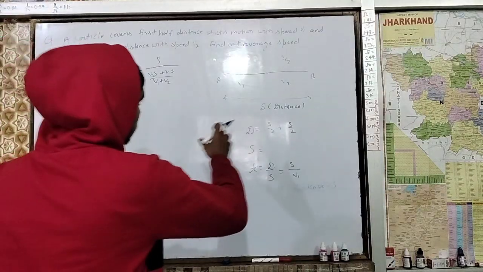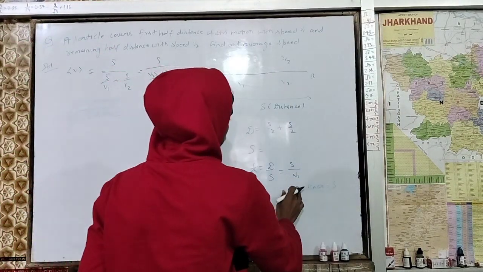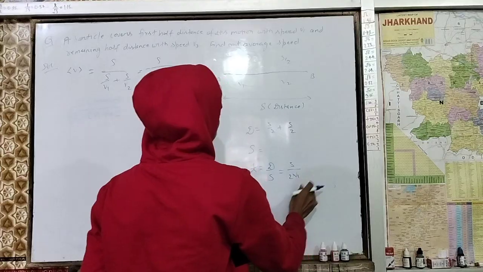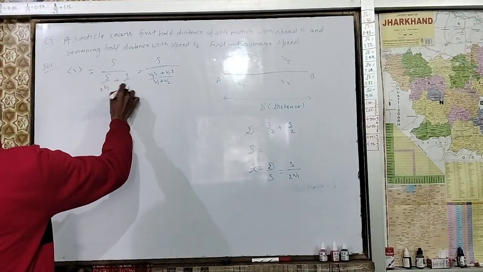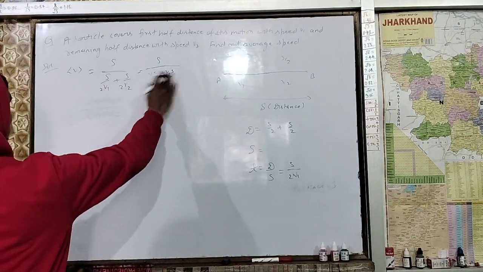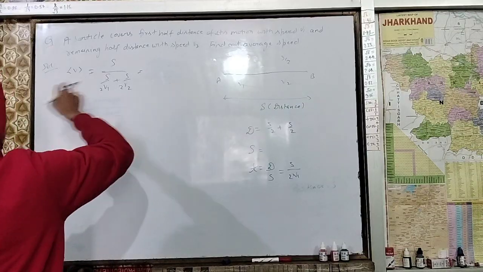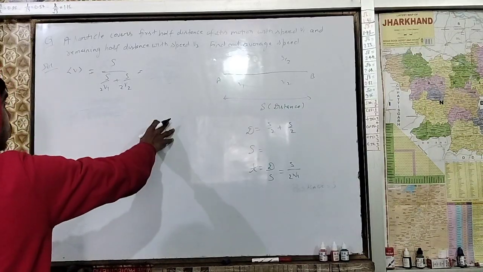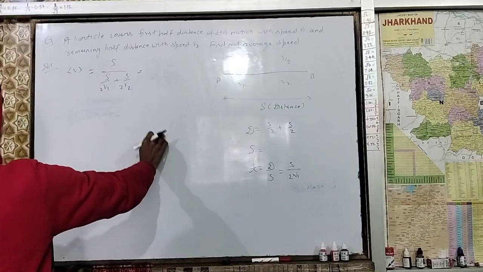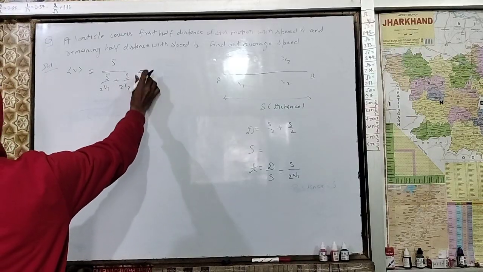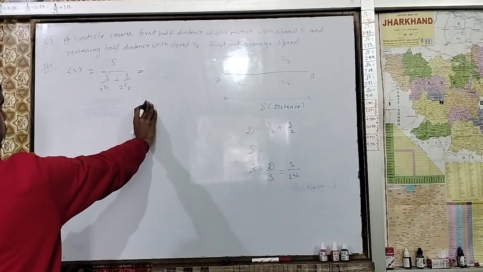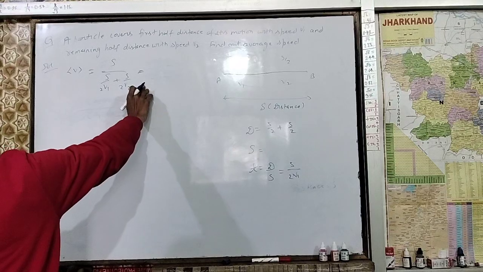But this complete, so this will be our 2v1. Total distance upon total time. Total speed 2v1 plus v2.